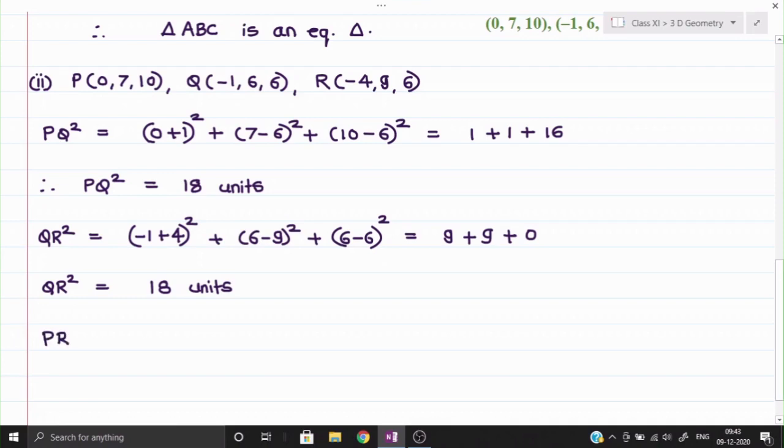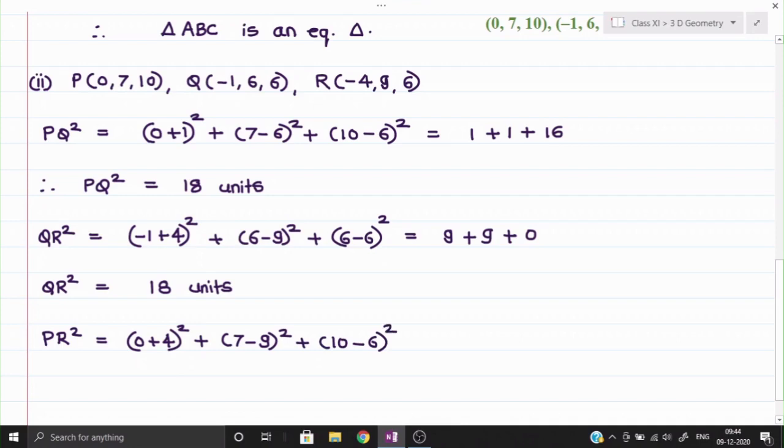PR square is equal to (0 plus 4) whole power 2, (7 minus 9) whole power 2, and plus (10 minus 6) whole power 2. Right?